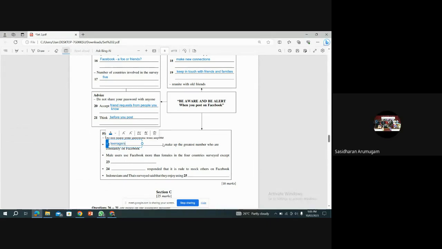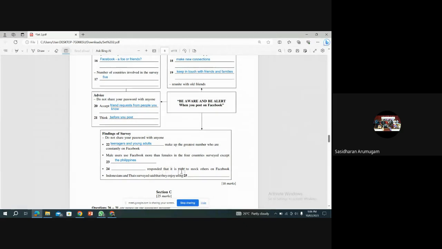Teenagers and young adults. Male users use Facebook more than females in the 4 countries surveyed, except the Philippines. 24.